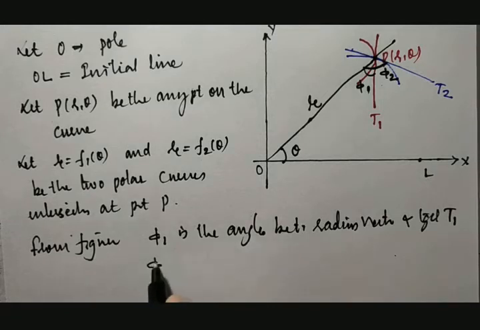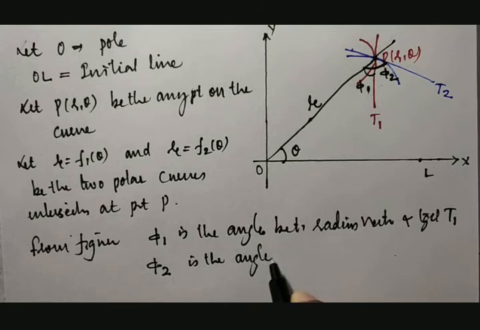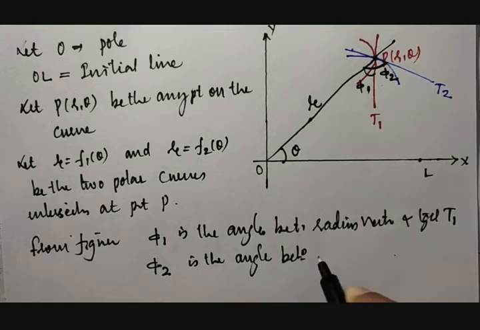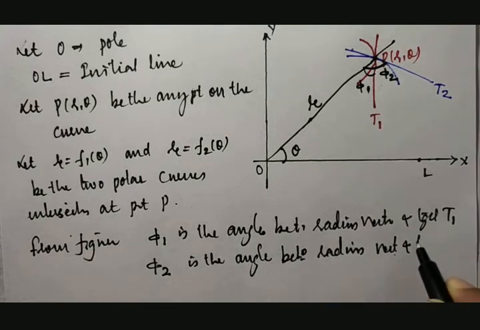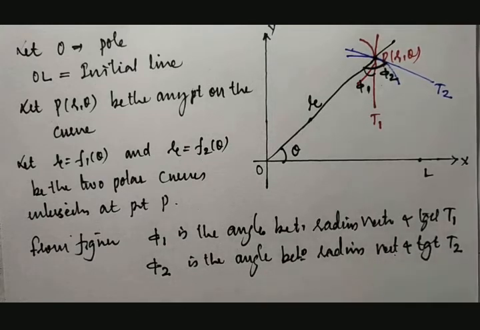Similarly, pi 2 is the angle between radius vector and tangent T2.